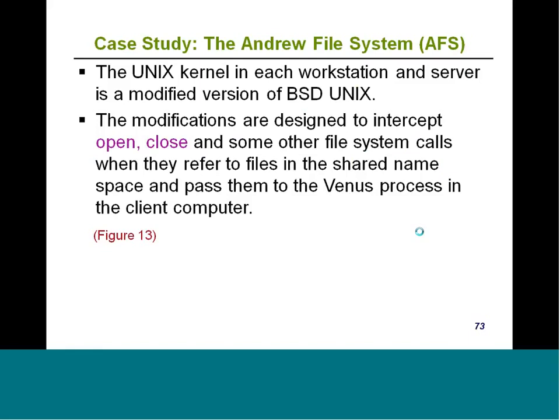When they refer to the shared files, they pass them to the Venus process in the client computer. So essentially Venus intercepts these and submits to Vice, and then Vice processes it and returns it to the Venus of the client computer, gets the information, and then submits it back to the process that is looking for this information.